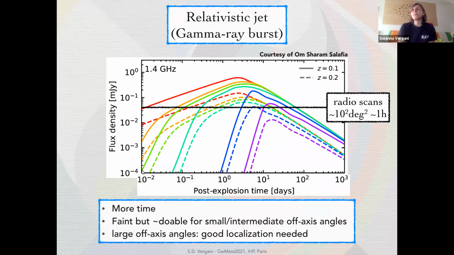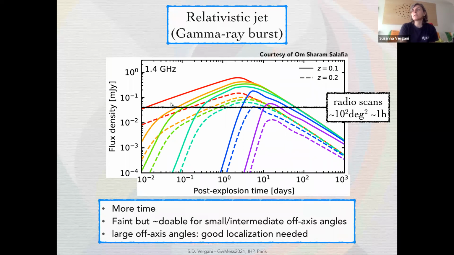In the radio, we have a bit more time because the peak is later on, also for off-axis cases. It is after 1 day, 10 days, or even more. And it is also quite bright, in the sense that current facilities can detect this off-axis emission. But again, if the sky region is large, I need sky scans.